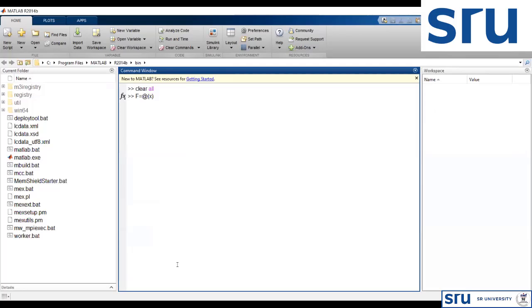What is our function? Our function is the first example, x into exp of minus x, minus 0.2. So this anonymous function you have entered.